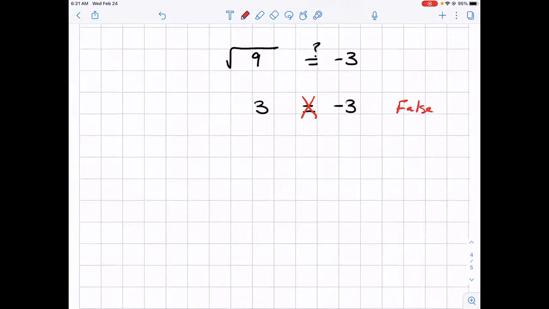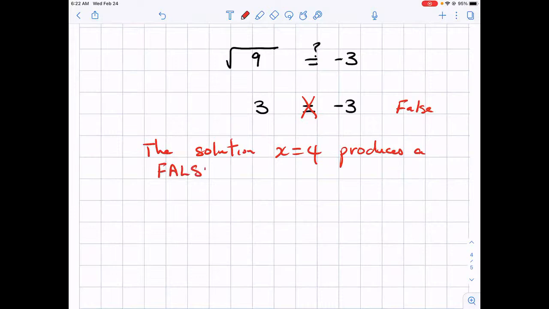So the solution, okay, x equals 4 produces a false, okay, statement.